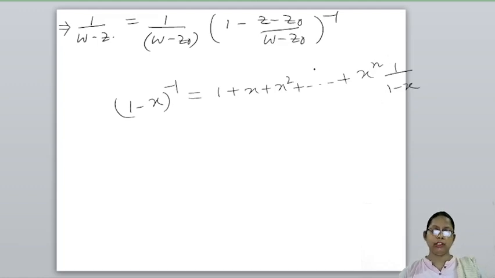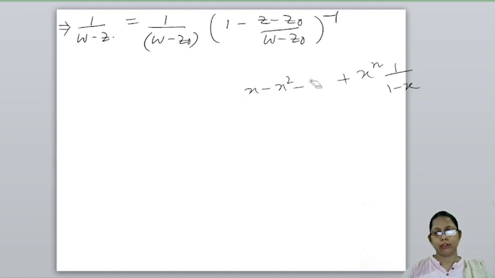You can get this by using Maclaurin's theorem in real analysis, for theta equal to 1. This is the remainder term for theta equal to 1. Now using this formula, I can expand this series up to the nth term, given by this.